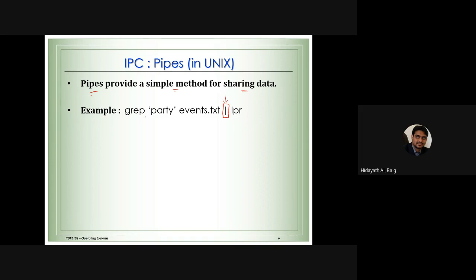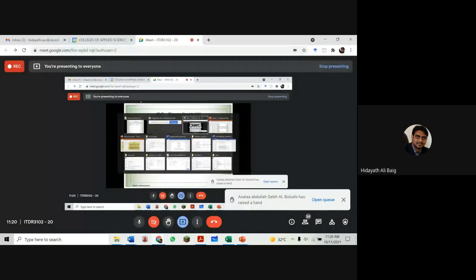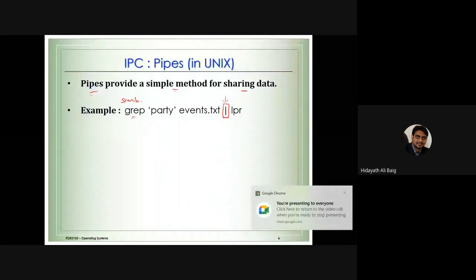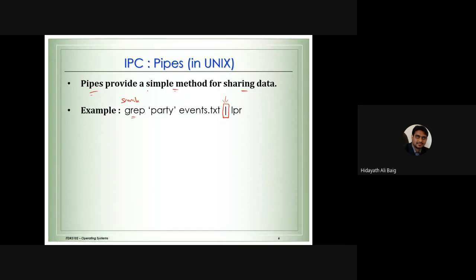Now, just look at this command. This grep, I will explain later on. This is like a search command, searching for the keyword party from the file events.txt.